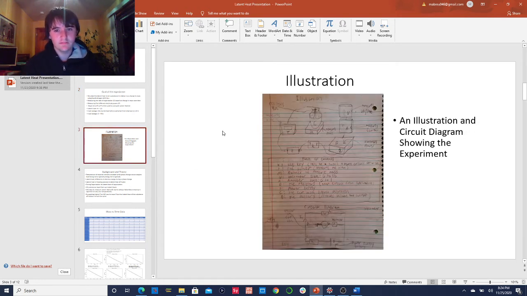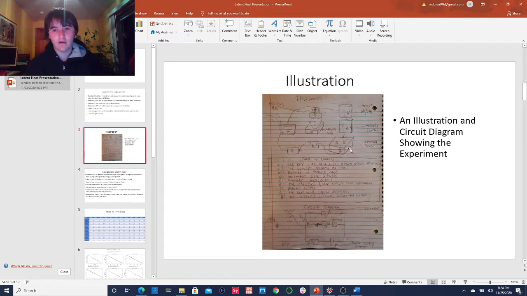First we'll talk a little bit about the illustration here. This is an illustration that I drew out myself and set up to simulate what the experiment is going to be. First, we'll basically have a cup here. This cup will be filled with liquid nitrogen, and these are going to be resistors, which are being charged by a battery, managed by a key.